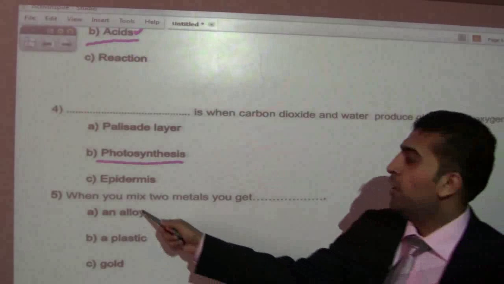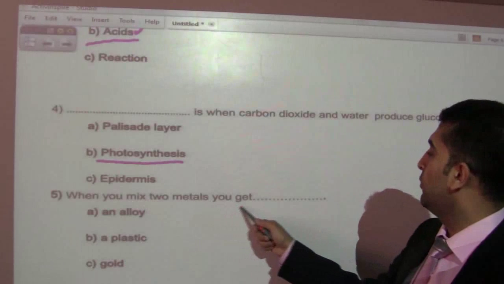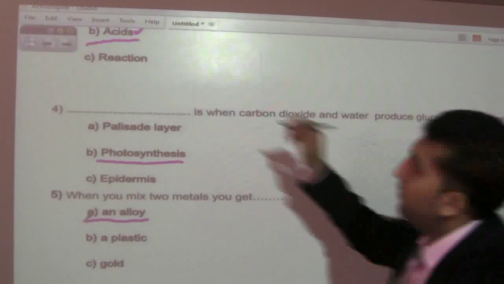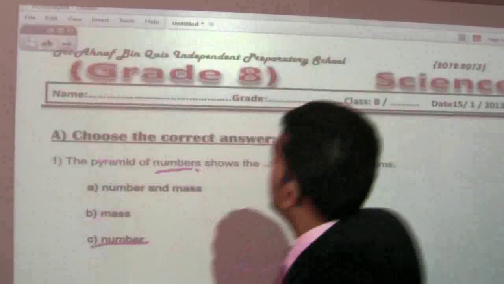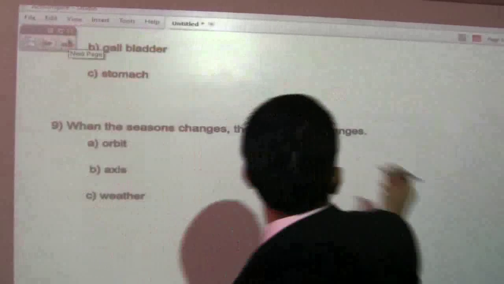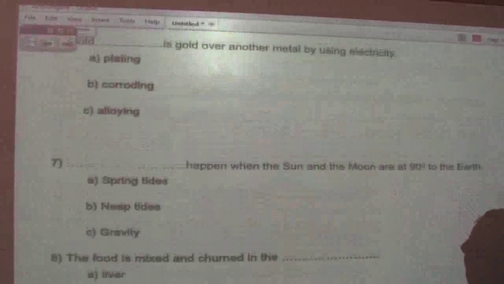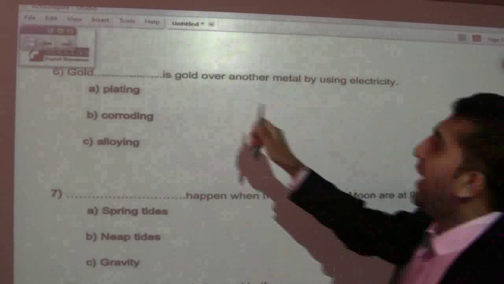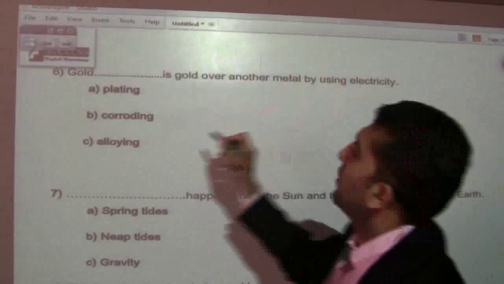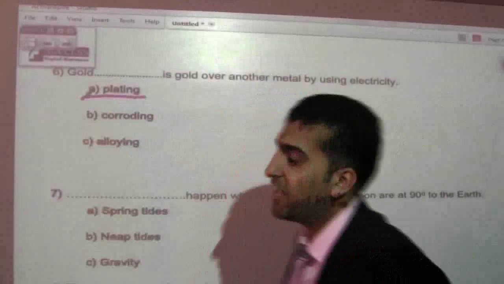Number 5, when you mix two metals, you get an alloy. Gold plating is covering gold over another metal by using electricity. It's gold plating.